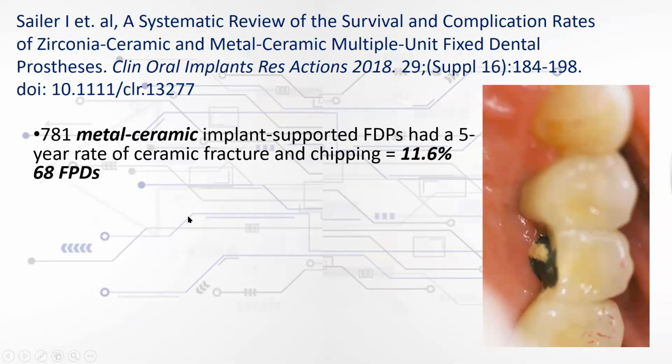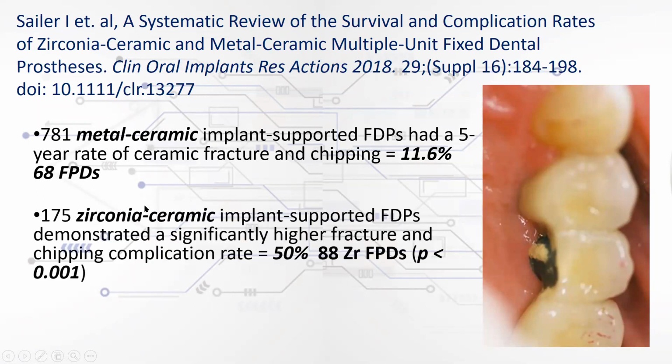And yet 5 times less, 1/5 the amount of zirconia ceramic restorations had a 50% fracture rate, which is very comparable to the previous study. And of course, we're going to zirconia ceramic hoping that it will be harder. It is harder and stronger in theory, but its fracture rate is much higher. And of course, this is because the occlusal management at insertion is not as well controlled as we need it to be.